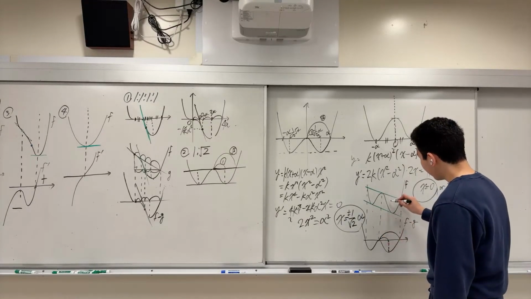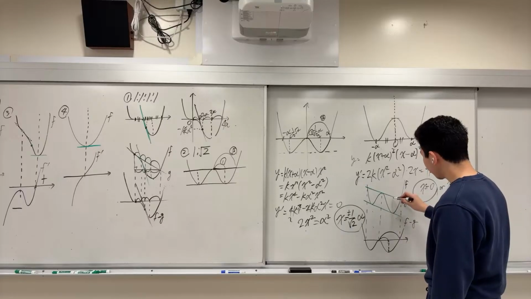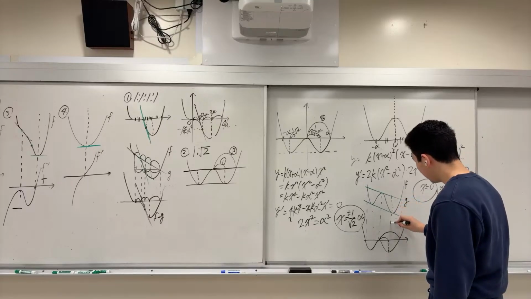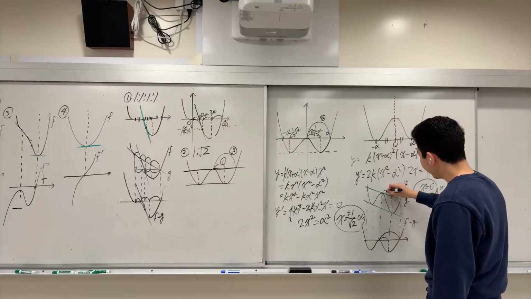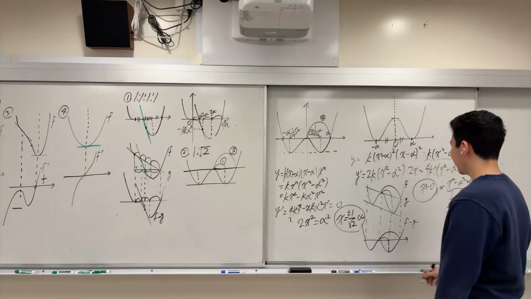And that will directly translate over to our original function. So if we draw like a vertical line there, that should match up exactly. This would be 1 to square root of 2 in this fashion as well.